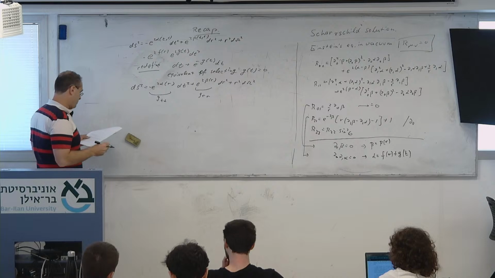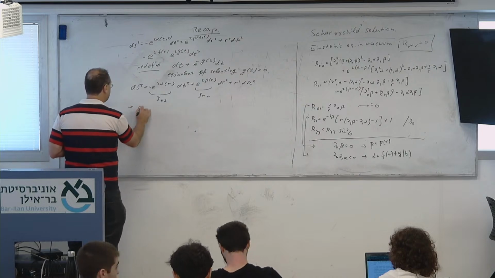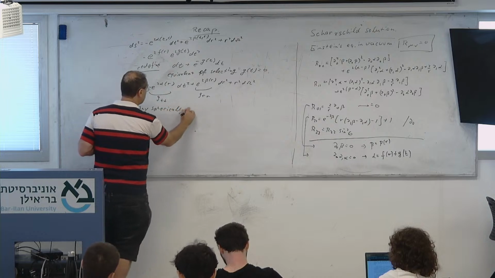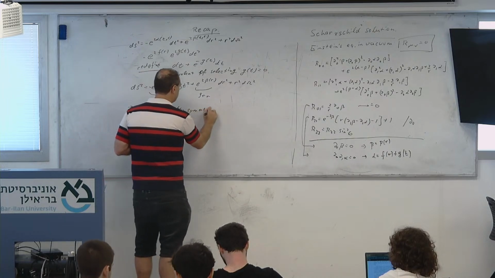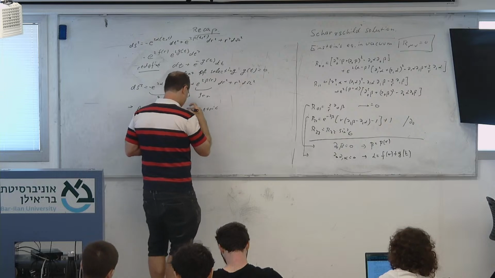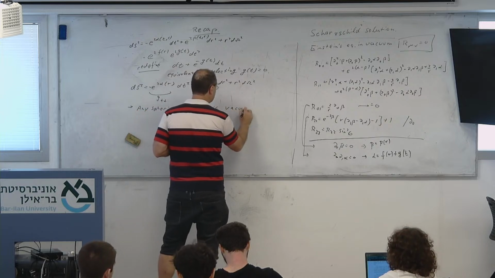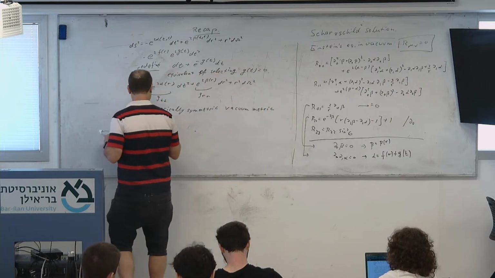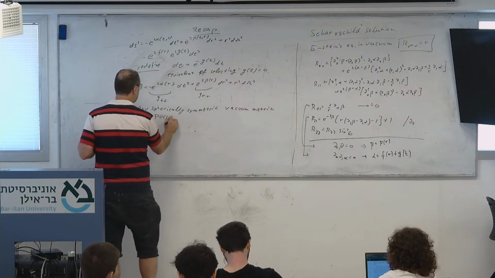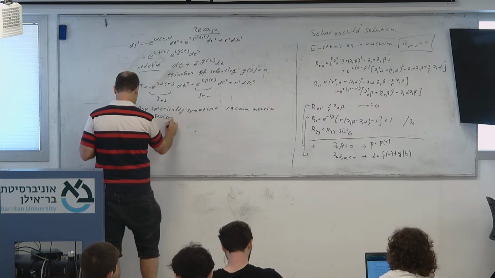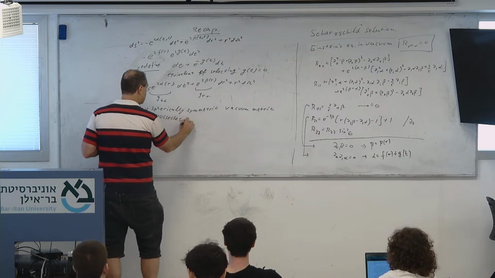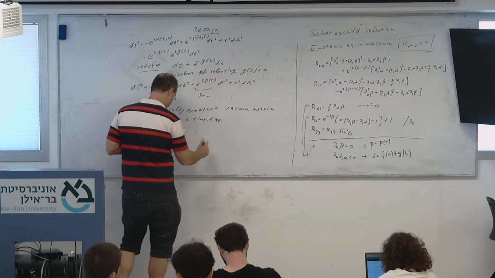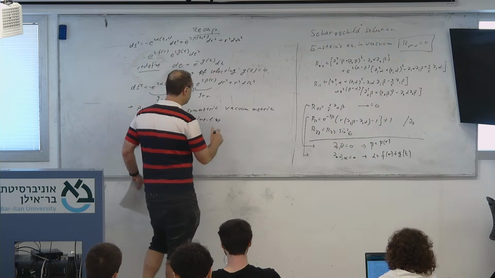So basically any spherically symmetric vacuum metric possesses a time-like Killing vector.